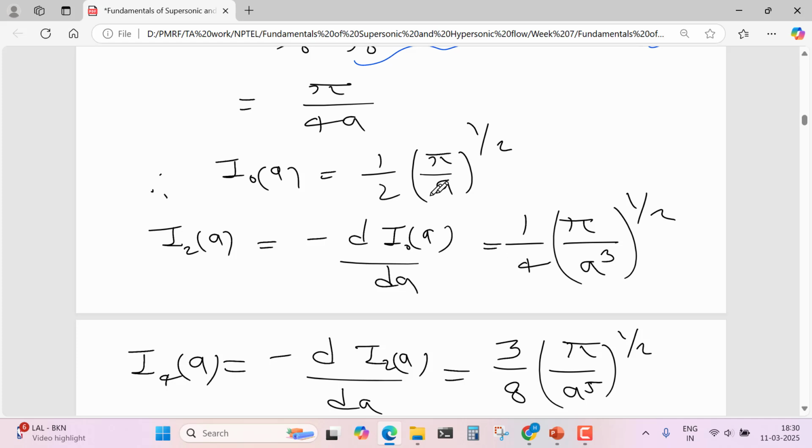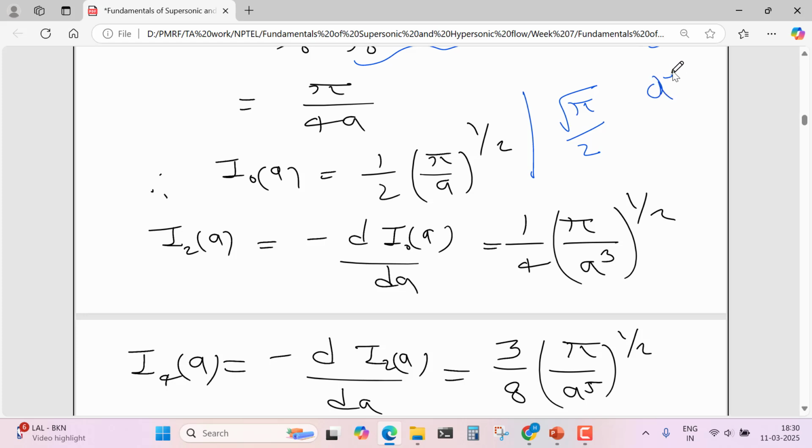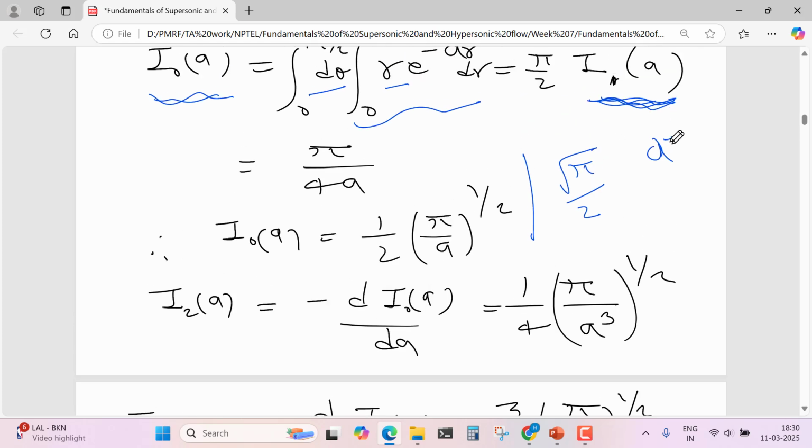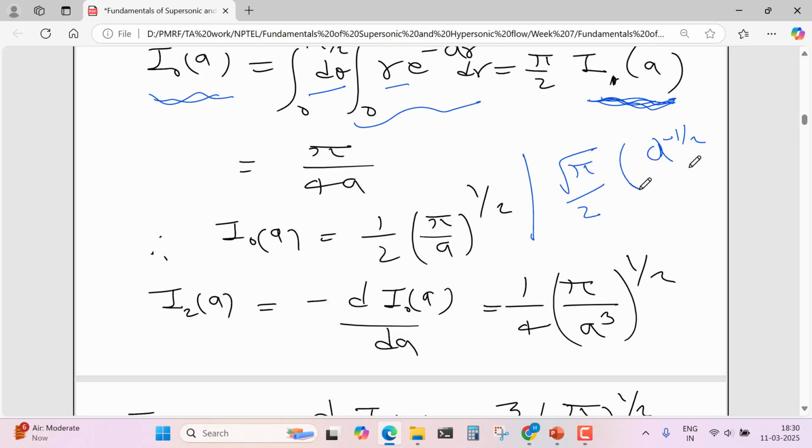If we take its derivative with respect to a, this pi is constant, 2 is also constant, and this is a to the power minus 1 by 2. So its derivative will be minus 1 by 2 a to the power 3 by 2. And there is already a minus, so we will get 1 by 4 pi upon a to the power 1 by 2.